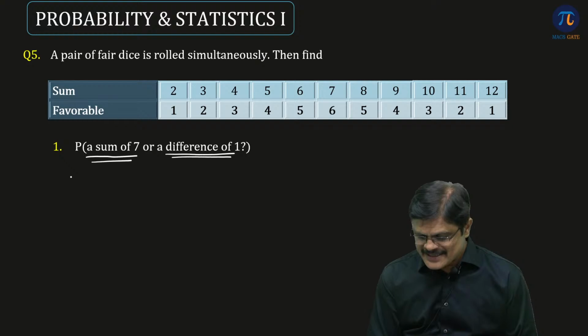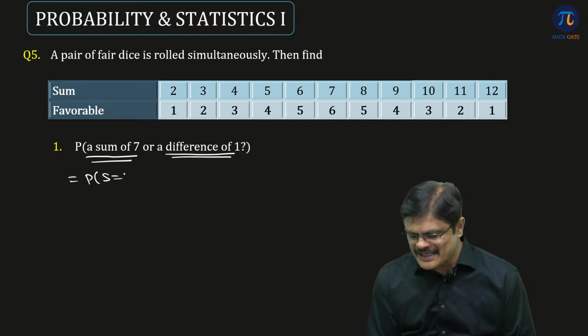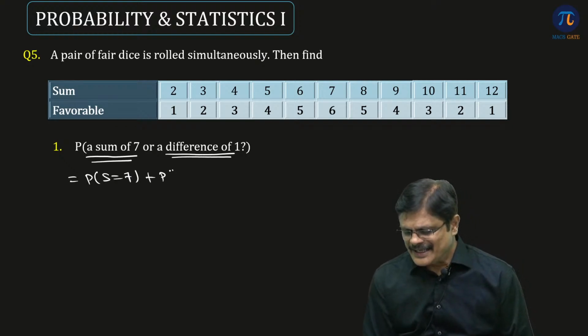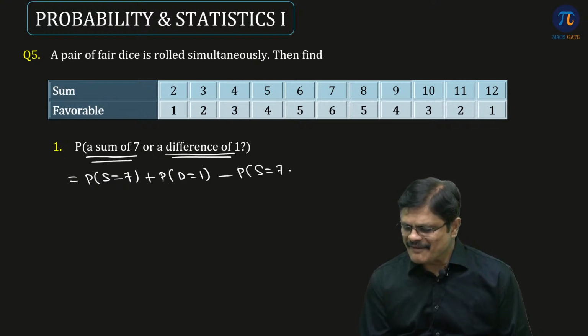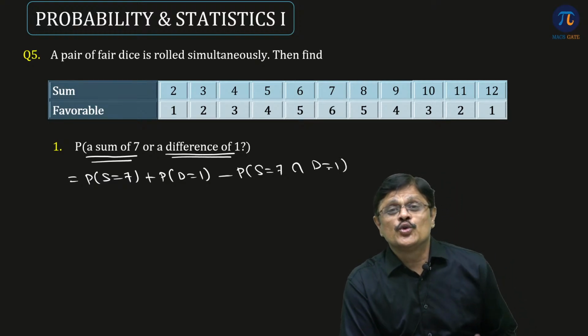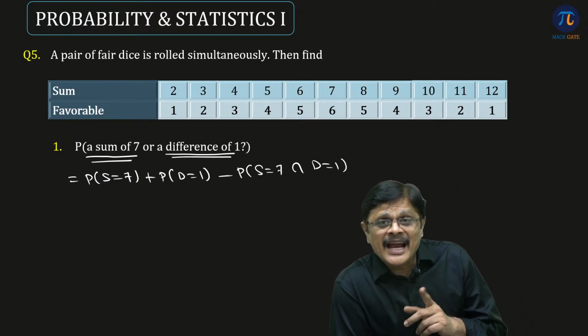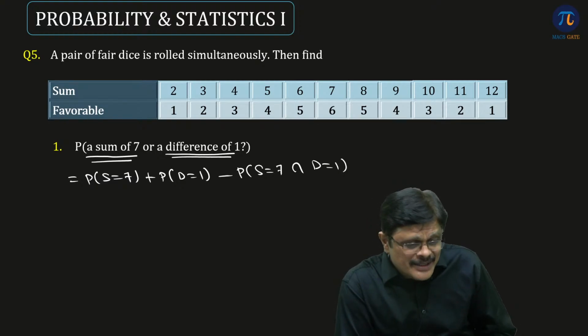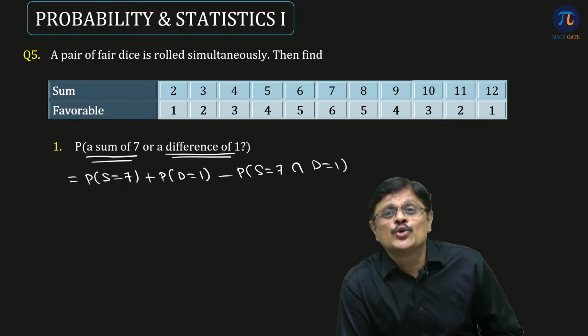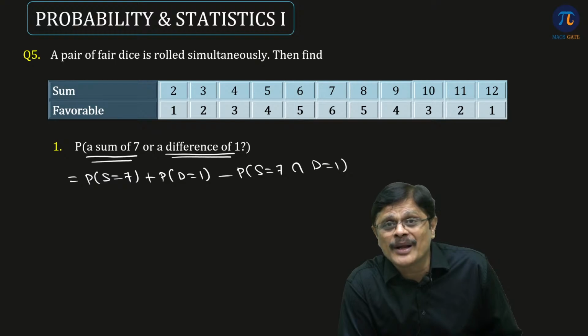The cases where the sum is equal to 7 and the difference is 1: are there any outcomes whose sum is 7 and whose difference is 1 possible?